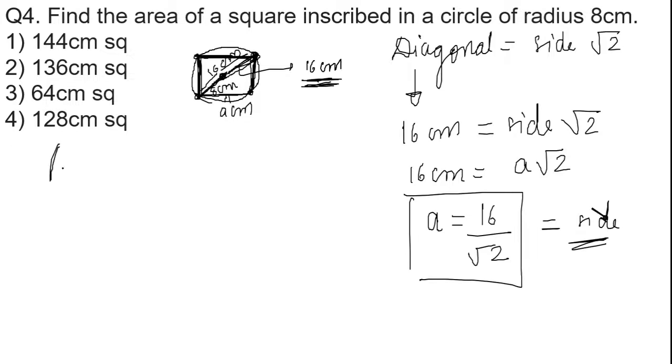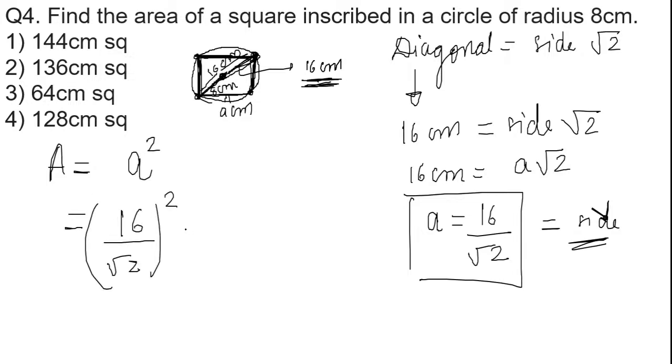Now what is the area of the square? Area of the square is equal to side square. So what will be side square here? 16 under root of 2 square. So 16 into 16 under root 2 into under root 2. Each time you don't have to do these things.